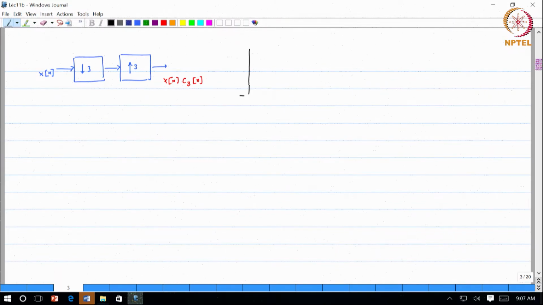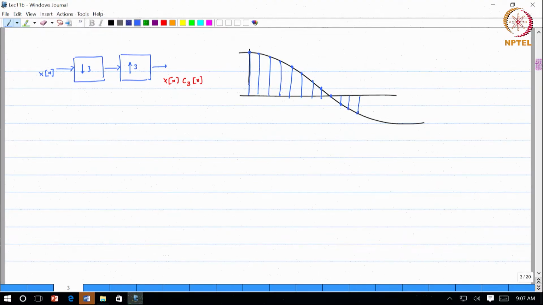So, if I have some signal which I sample, that is sample number 1, 2, 3, 4, 5, 6, 7, 8, 9. The downsampling process says that I am going to retain only every third sample.